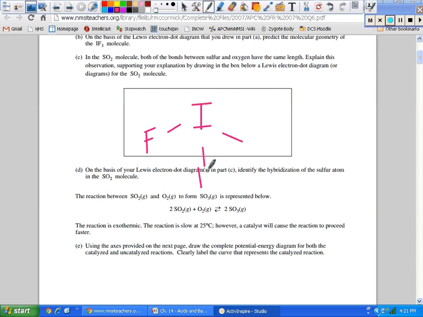So that's S. What is F? That's P. But there's one more, so that would be 1. And that would be what? 3. SP3. That's all you have to do. It's rewriting it and telling me how many are there. That will be the hybridization of IF3.